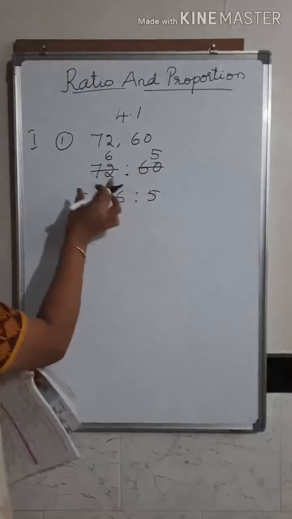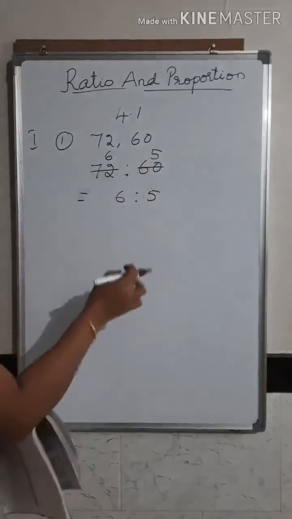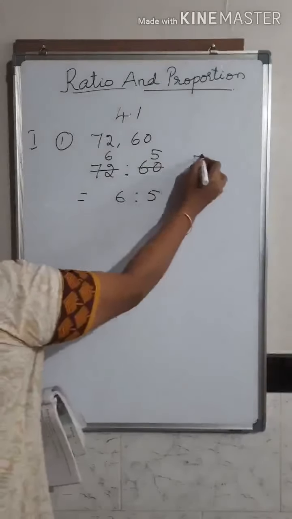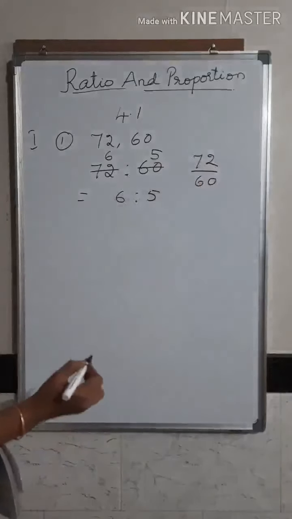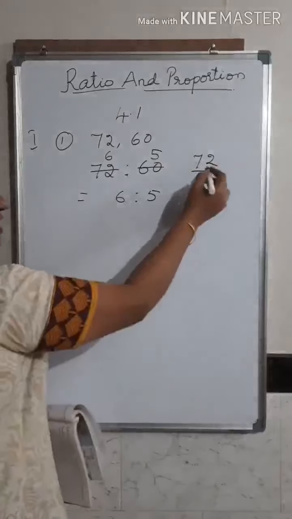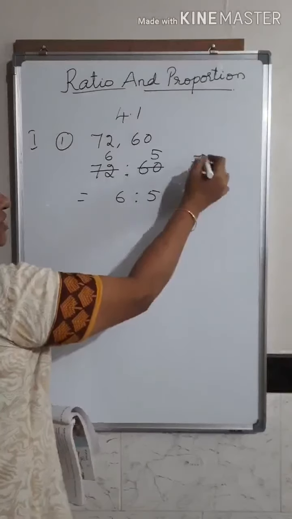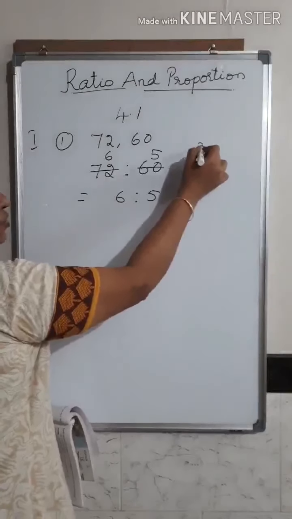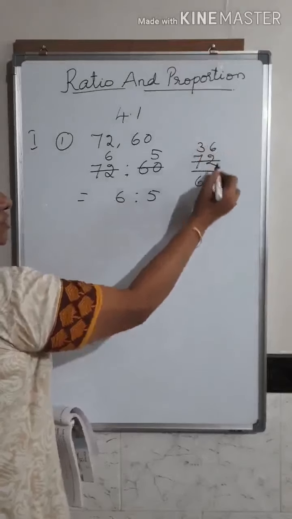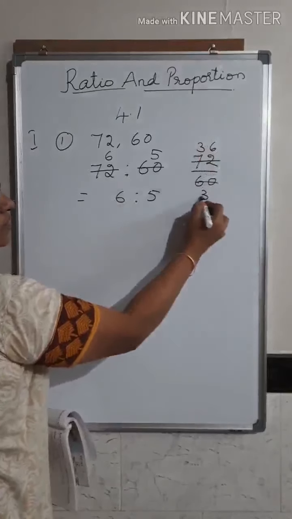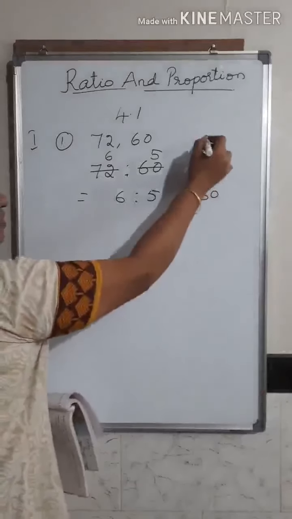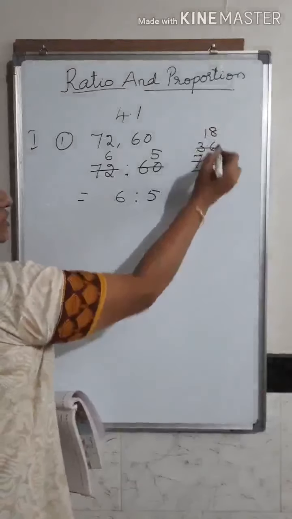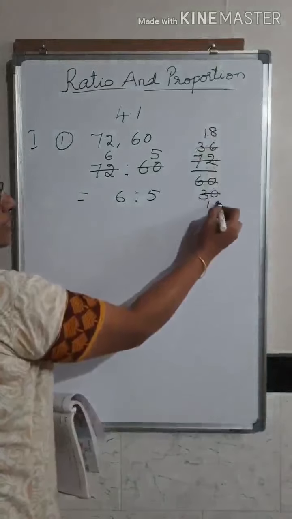Now suppose you do not know directly by what table you can cancel it, you can also write it in the form of a fraction, 72 upon 60. As you have learned, do the ordinary cancellation. First cancel it by 2: 2 3s are 6, 2 6s are 12, and this will be 36 upon 30. Again further by 2: 2 18s are 36, 2 15s are 30, and this will be 18 upon 15.